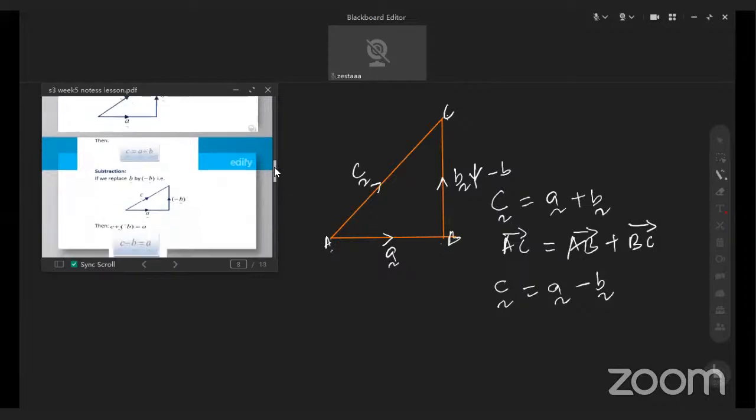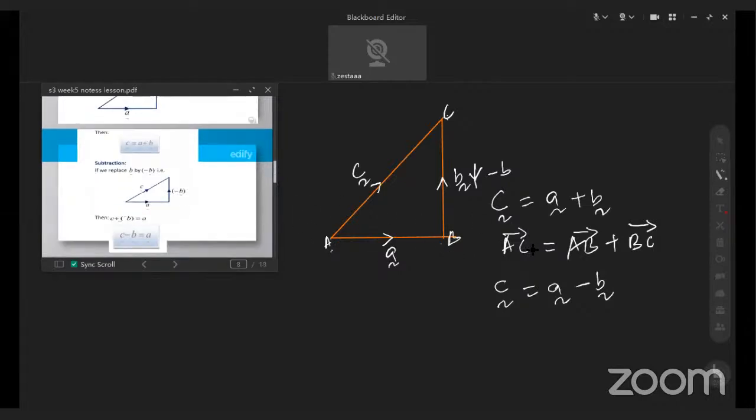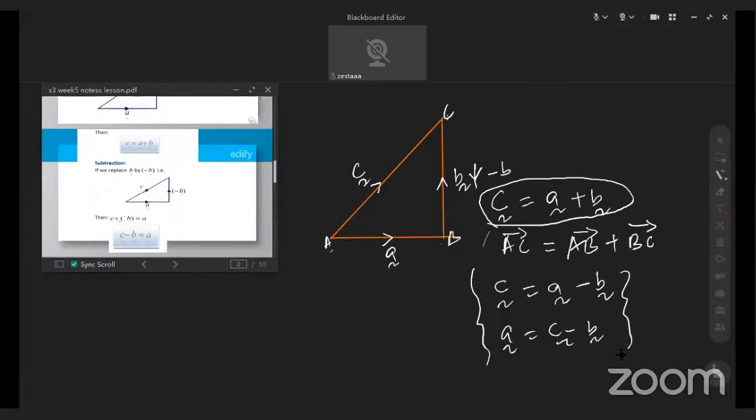So in such a case, if you want to do away with the negative, here you can find A. Vector A will be C minus B. You can also get vector B as well. But the bottom line is this one here. This is our guiding point. From this one here, you can manipulate and get all these other vectors as well.